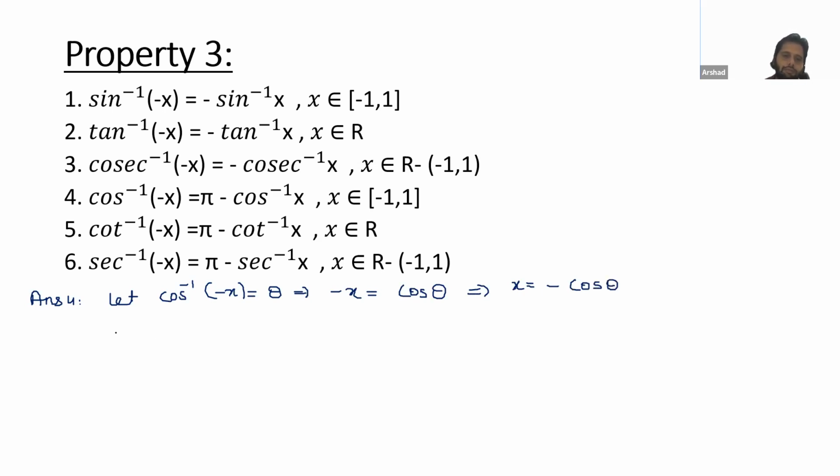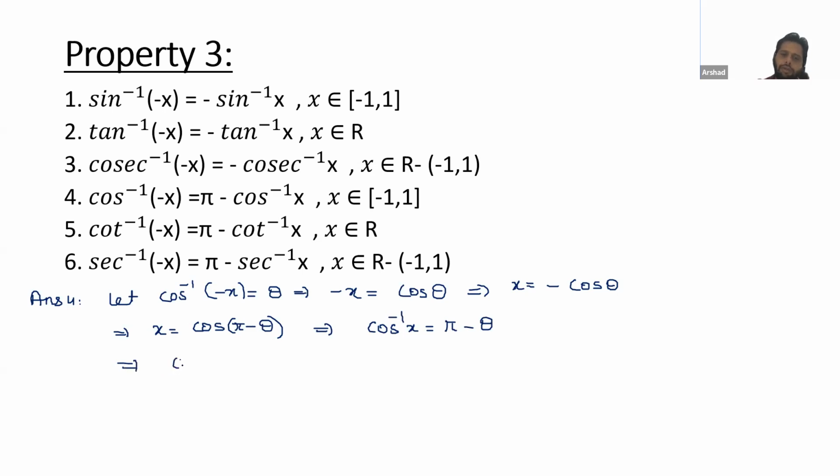We know that cos of pi minus theta is minus cos theta. That's why in place of minus cos theta, we can write cos of pi minus theta. Shift this cos inverse to the left side, so you will get cos inverse x is equal to pi minus theta.